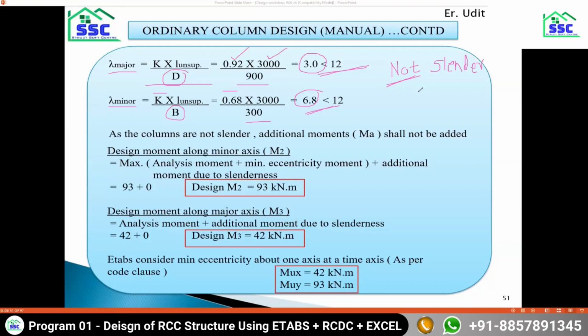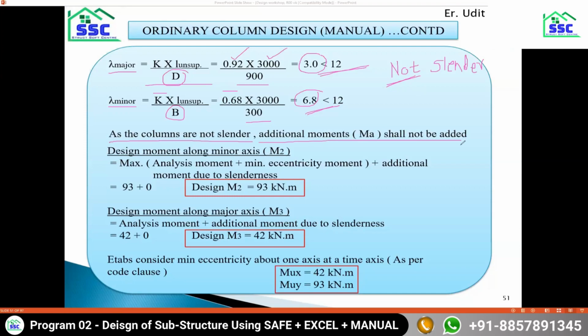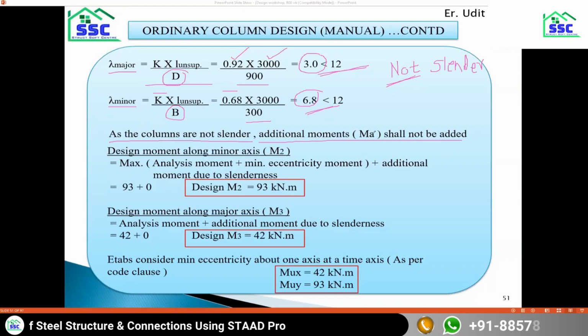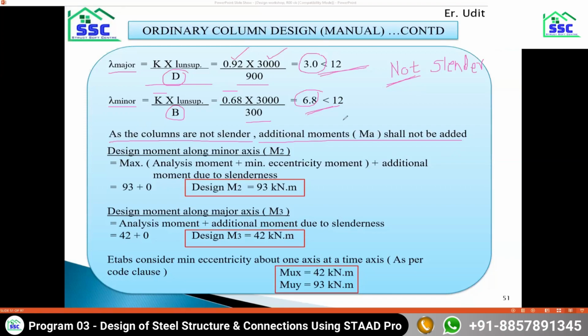Hence, we can conclude that as the columns are not slender, additional moments MA shall not be added. The references of these are given in the later part when we are giving preferences and override in ETABS. That time the references are given.